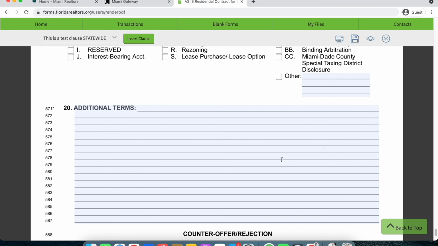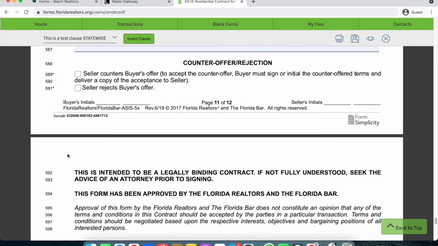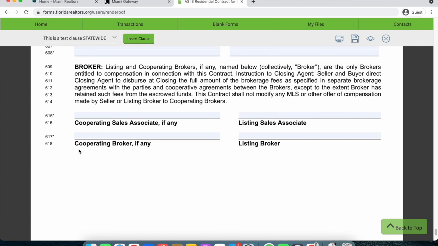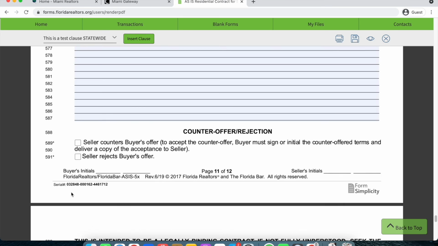Because if it's ambiguous and could mean several things, then the whole term could be invalidated and go to court and be invalidated, because the courts have deemed that anything you put on here has to be unambiguous. You have to be able to read it and immediately understand. There could be no question as to what you're trying to convey. Okay, so keep it simple. And if you don't know exactly how to write it, call one of the mentors or call one of the leaders, and they'll help you put it together.